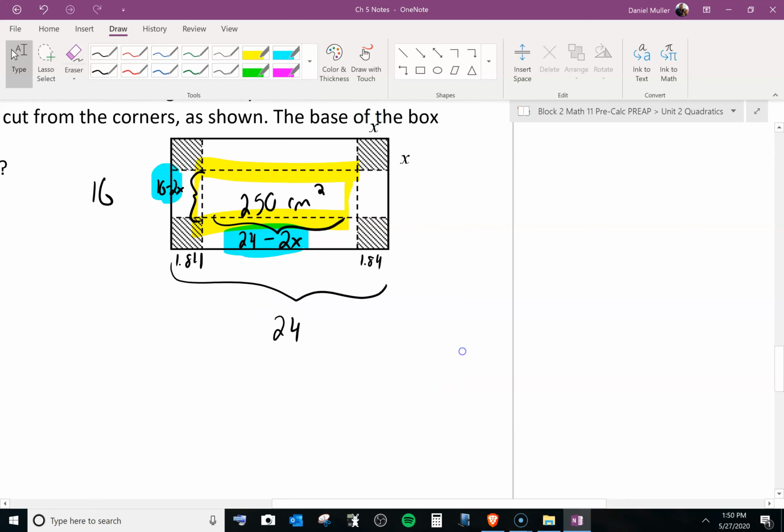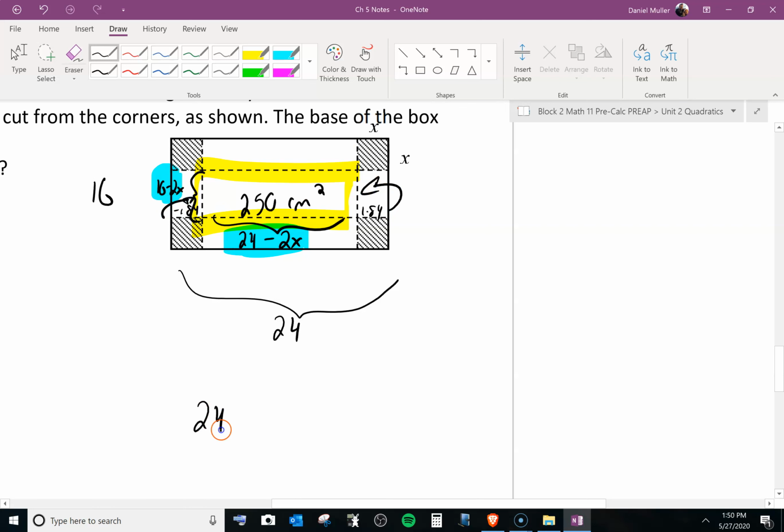All right. So what are the dimensions of x? Well, they're 1.84 and 1.84. But what about the box? If you fold up the flaps, what are the box's dimensions? Well, the cardboard is 24, and you subtract 1.84 and 1.84 from both sides as you bring it up.